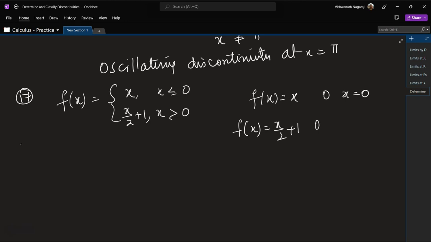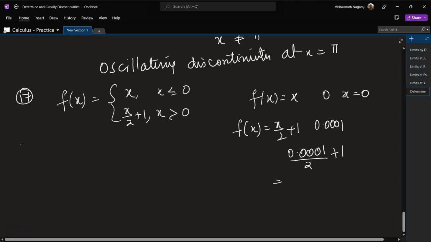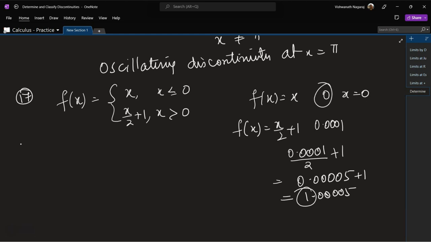So 0.0001, let's say. So what do we get? 0.0001 by 2 plus 1, which gives us 0.00005 plus 1, which gives us 1.00005. That means here it is 1, here it is 0. So there is a jump discontinuity at x equal to 0.